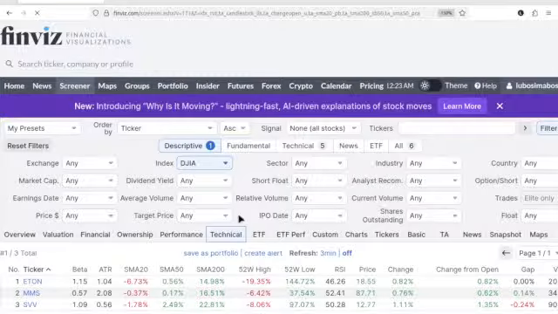And usually if we have something in the Dow Jones and the S&P 500, that's when it is more of a favorable news.